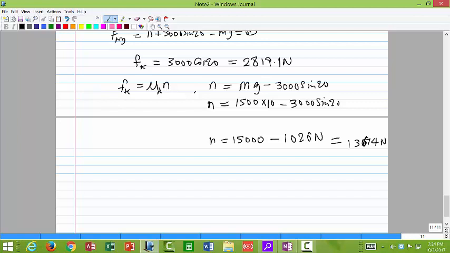So now we have Fk. So we have mu k equals Fk over N, which is 2819.1 divided by 13674. What does that give us? Oh, 13974. I used 9.8.